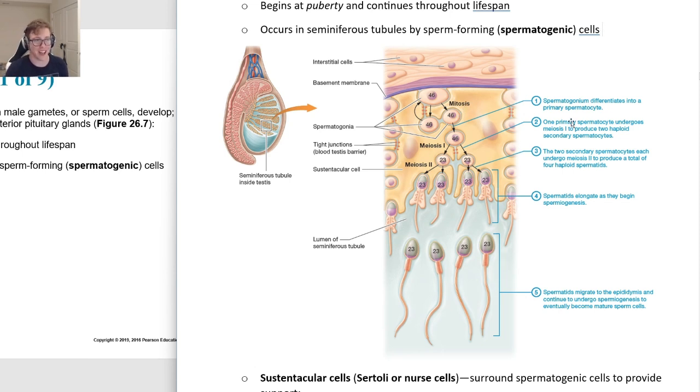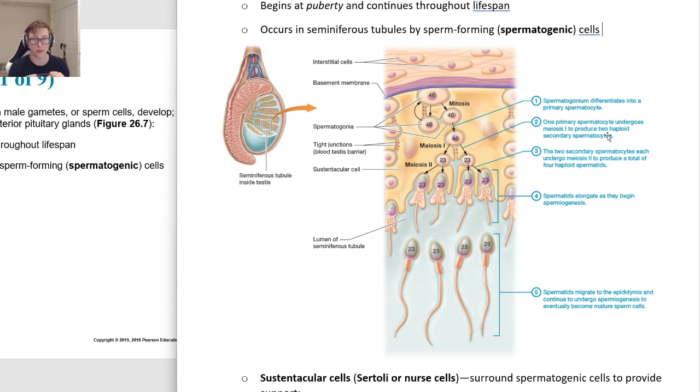We've just unlocked meiosis. You are then going to take that one primary spermatocyte, it undergoes meiosis 1, produces 2 haploid secondary spermatocytes. Those 2 secondary spermatocytes undergo meiosis 2, and then we have a total of 4 spermatids.